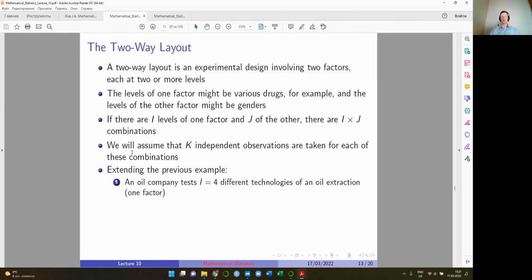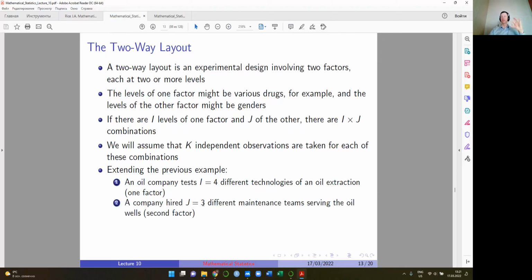So let me jump here to the explanation of the example that we are going to use here. So suppose that we have 4 different technologies of an oil extraction. So 4 different oil wells. But also there are 3 different maintenance teams. So workers, teams of workers who make a maintenance or service of those oil wells.